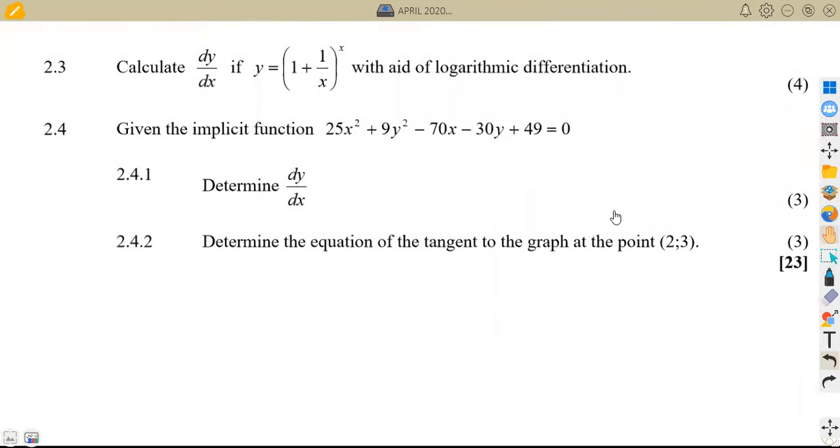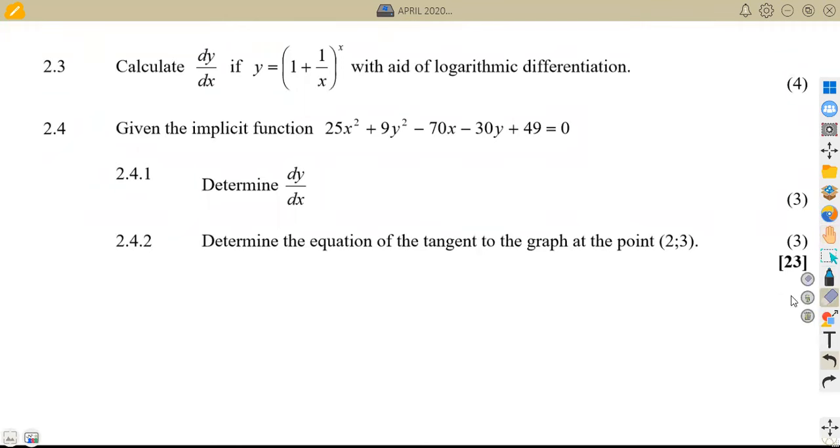On 2.3, we're now given: calculate dy/dx if y is equivalent to that whole fraction that we're given, with the aid of logarithmic differentiation. Remember, we are supposed to work with the logarithms in order to find this derivative.